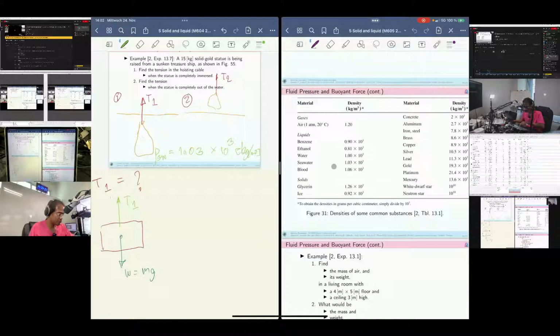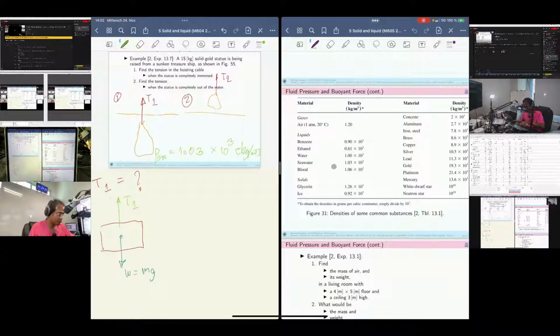1.03 times 10 raised to 3 and the volume of this statue. My God, what is that? We don't know the volume of the statue. How could we find it? Times g, right? But you don't know the volume of the statue.